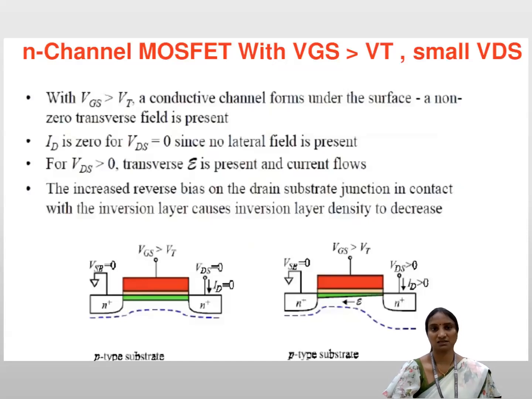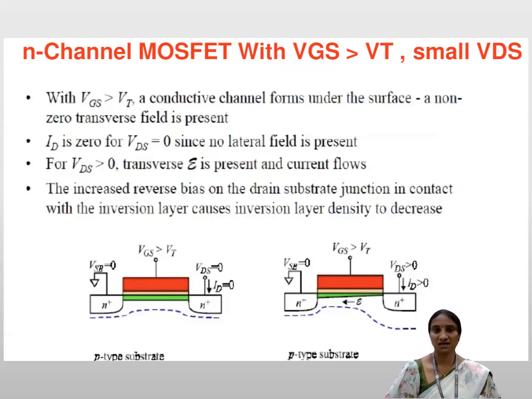Now let us see the other case, when this MOSFET is given a voltage greater than the threshold voltage, and of course we are applying a small amount of VDS also. With VGS greater than the threshold voltage, what happens? Conduction starts. The conductivity channel forms under the surface and it induces a transverse electric field also.